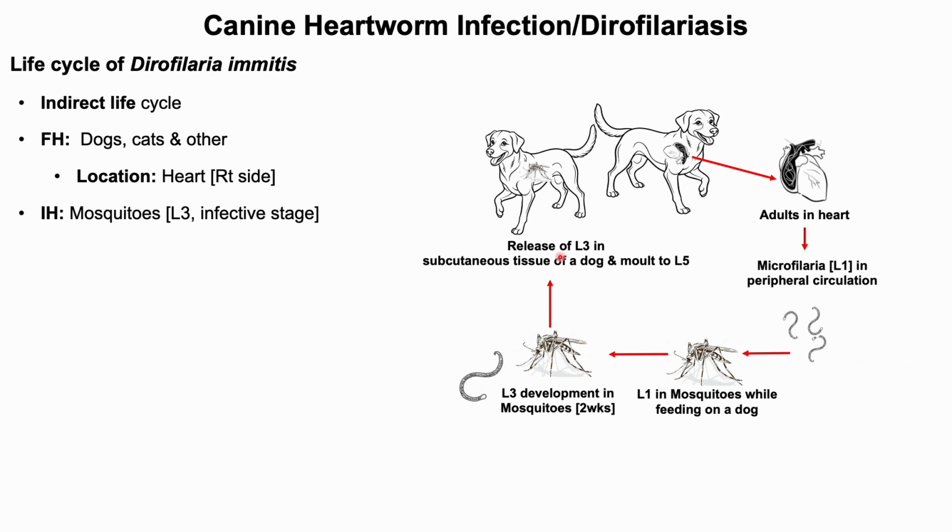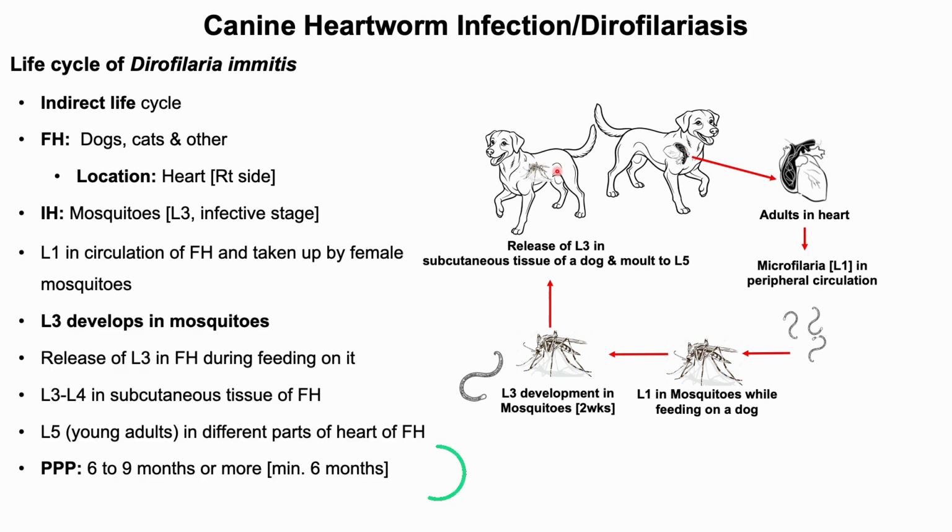Afterwards, this L3 is released to a new host or on the same host during blood feeding on it. Over the next few months, L3 then migrate to the subcutaneous or subserosal tissues and moves to L5. Only the L5 pass to the heart via the venous circulation and become adult.